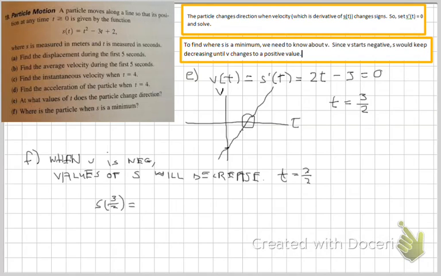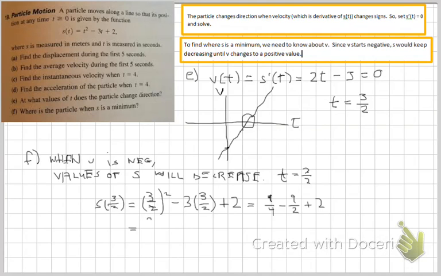So you get 3/2 squared minus 3 times 3 over 2 plus 2. So we get 9 over 4 minus 9 over 2 plus 2. If we add this all together, well, let's do common denominators.